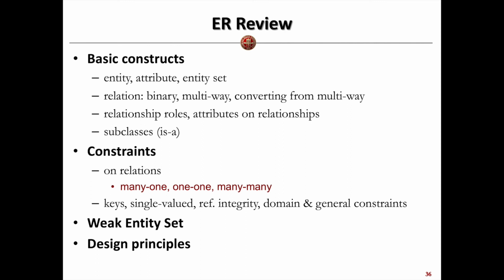We spend lots of time on talking about these weak entity sets, how to choose them, and when they will be needed. And at the very end, we show some basic design principles we need to follow. So in our ER model design, we need to be faithful. We need to avoid redundancy. We should also not overuse the weak entity set in our design.